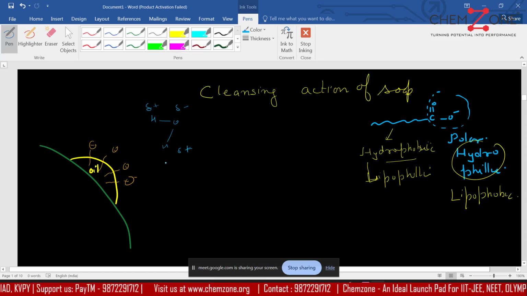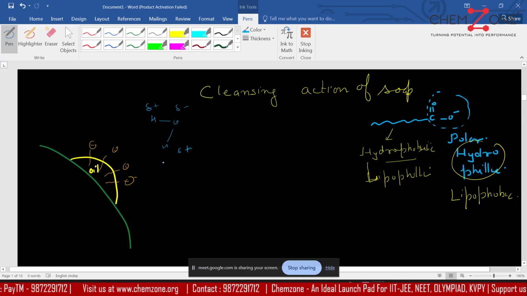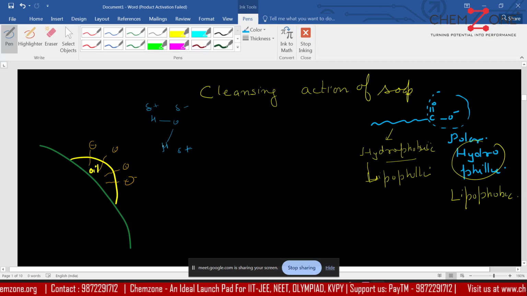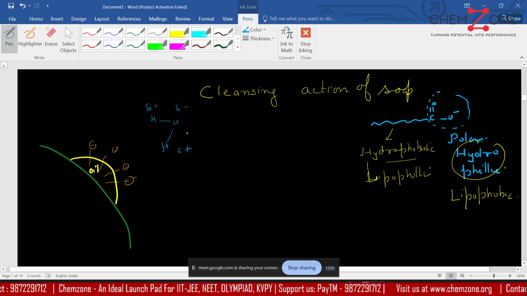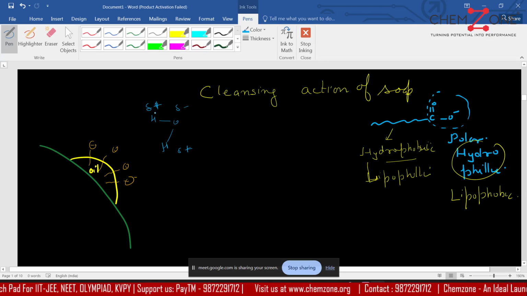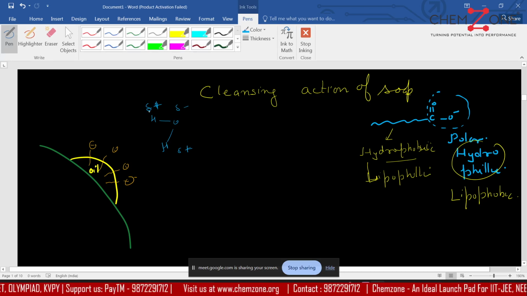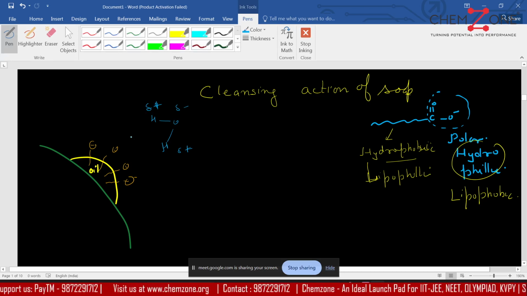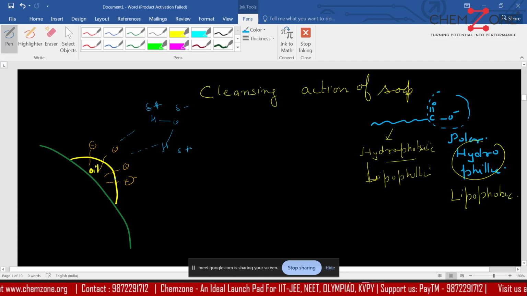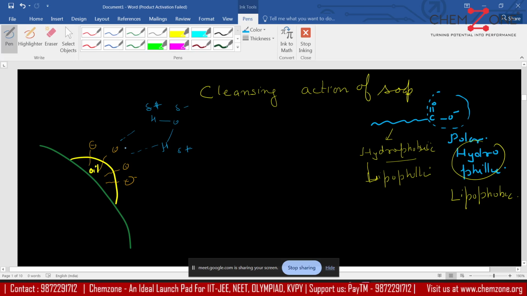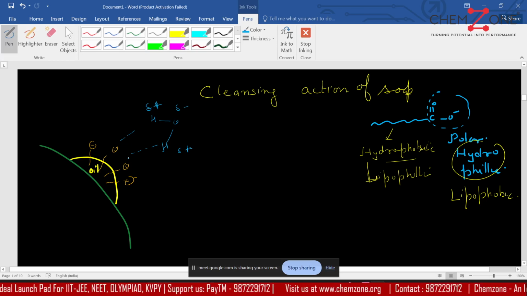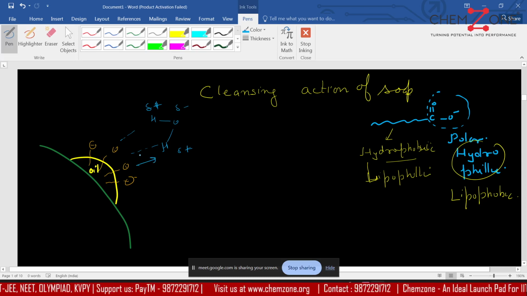So in this polar molecule, the positive part attracts these particles towards itself, right? And it pulls the oil along with the soap particle into the aqueous solution.